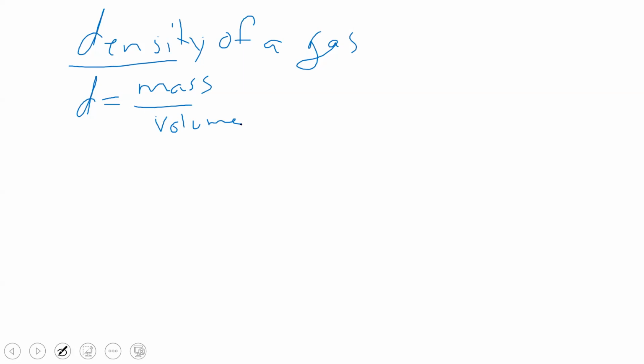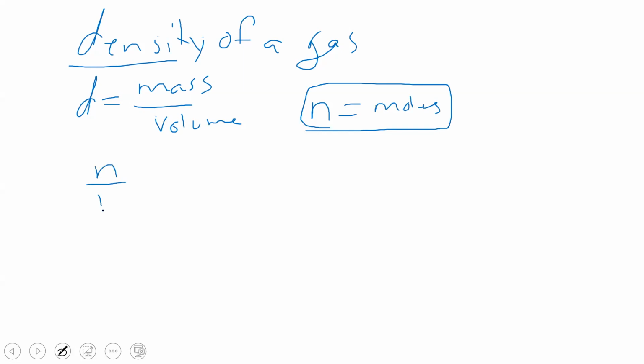Now, N is our moles of gas. And if I know N over V, that right there is the moles over the volume. I can use that to convert to density.